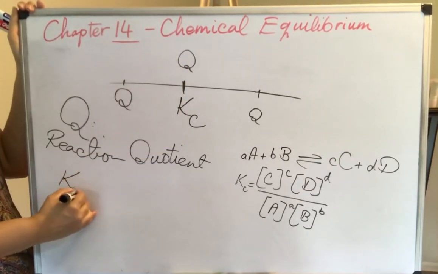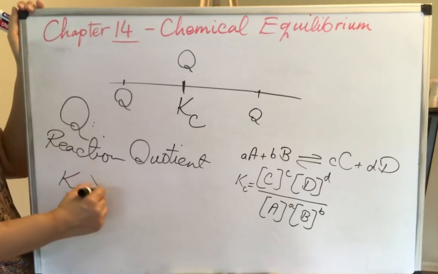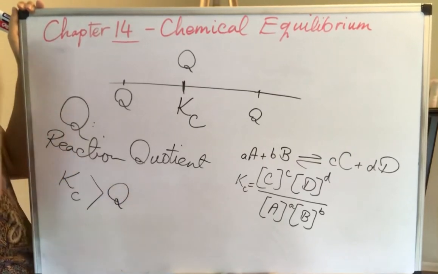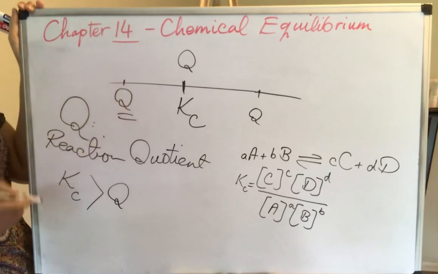When the Kc value is more than Q, your Q is here, right?